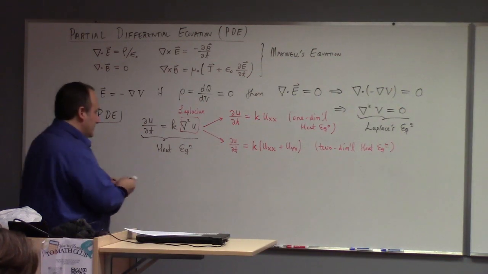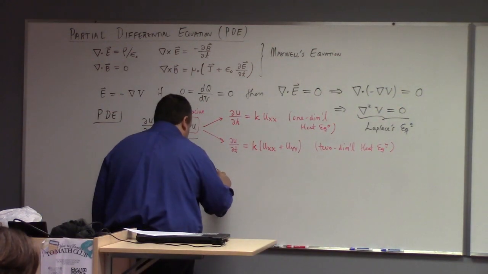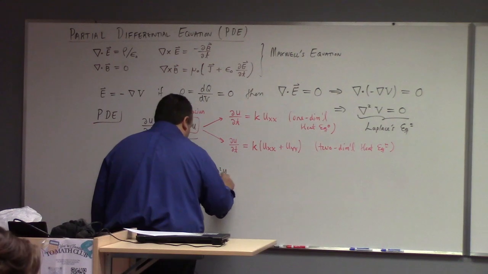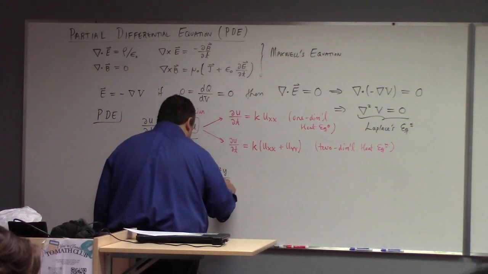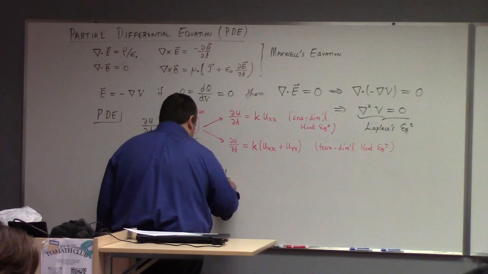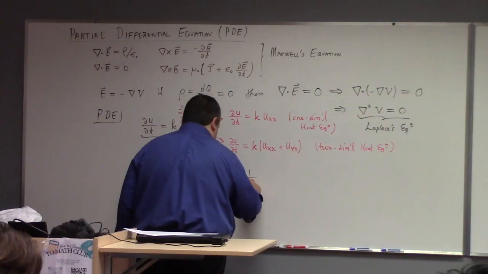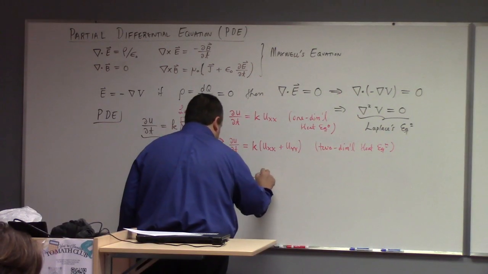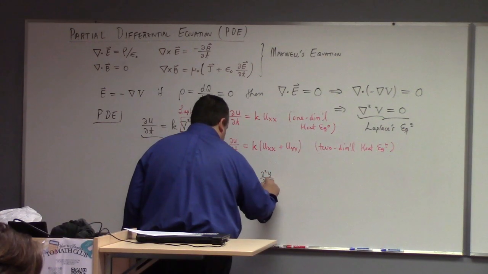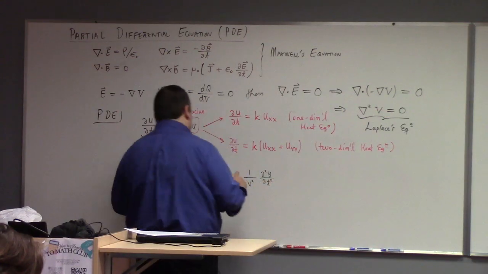Another example of a PDE is this: partial squared y partial x squared is equal to 1 over v squared times partial squared y partial t squared. I think dimensionally that's reasonable.